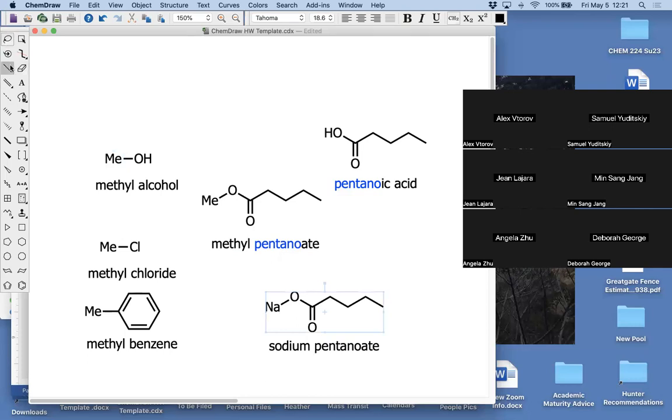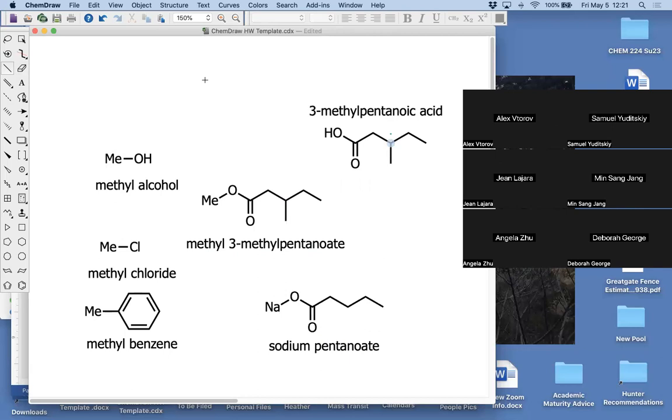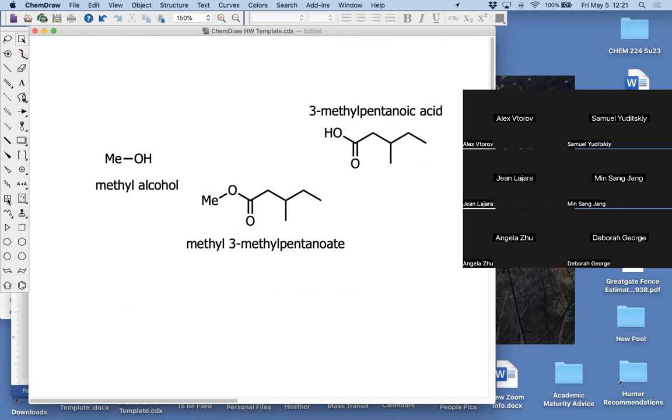Okay, now if I change this, now it's 3-methyl pentanoate to go with 3-methyl pentanoic acid. So the name of the ester changes the same way the name of the acid would. If I change this now, come on, it's lost a link with a name.